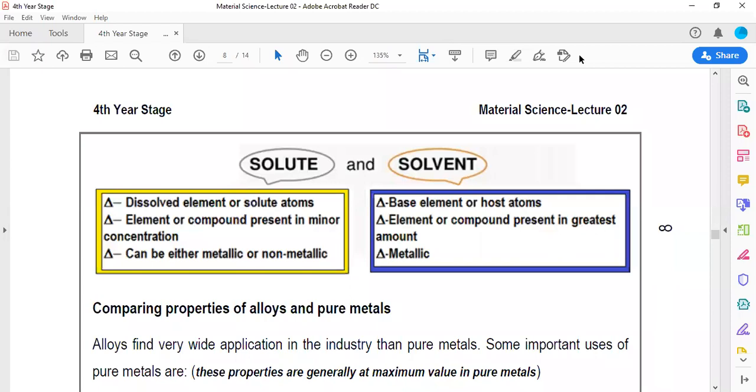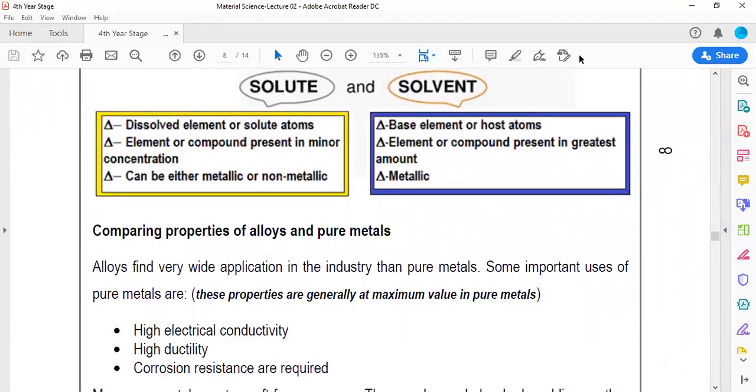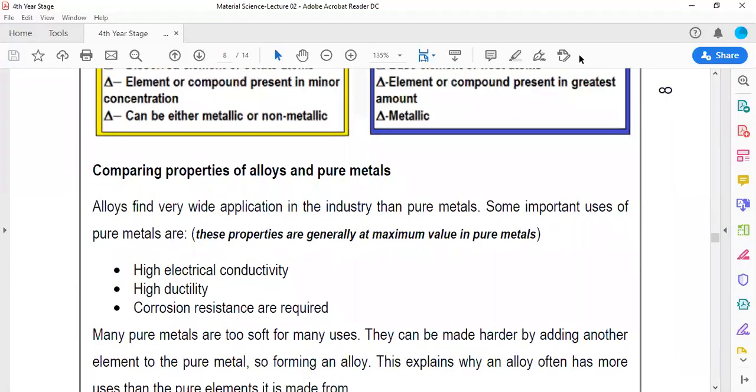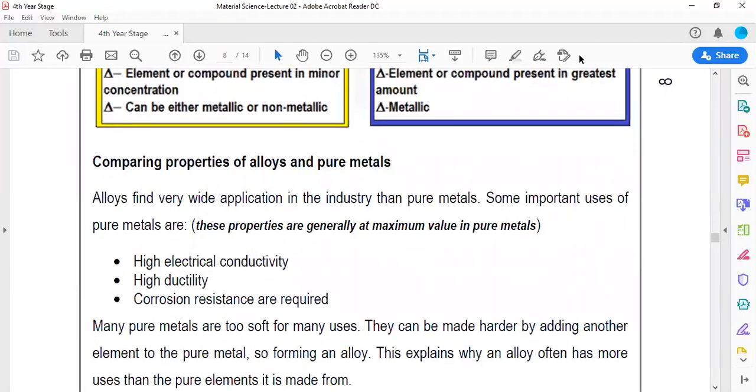Okay, before we go further, let us talk about comparing properties of alloys, يعني سبائك in Arabic, and pure metals, والعناصر أو الفلزات النقية. What is the difference between a pure metal and an alloy? Of course, alloys find very wide application in the industry than pure metals.